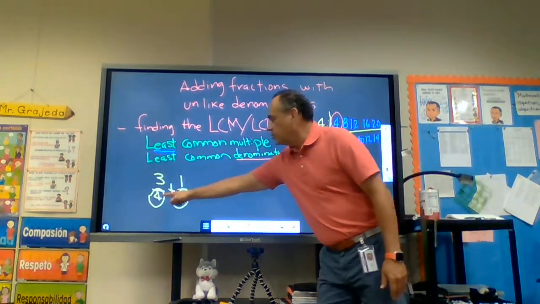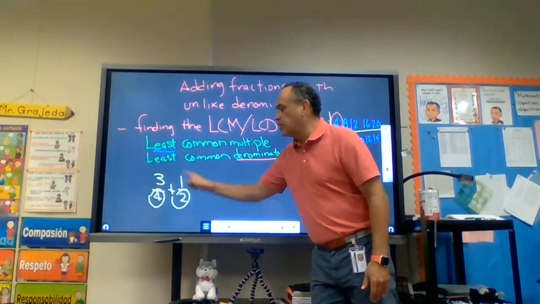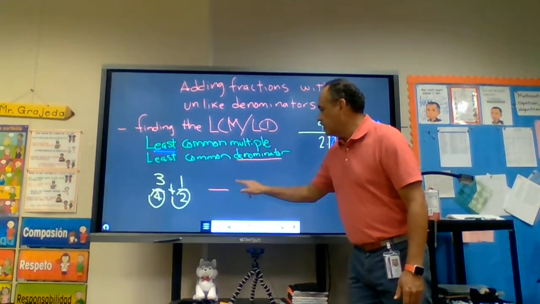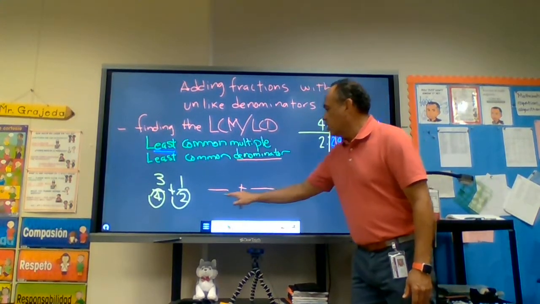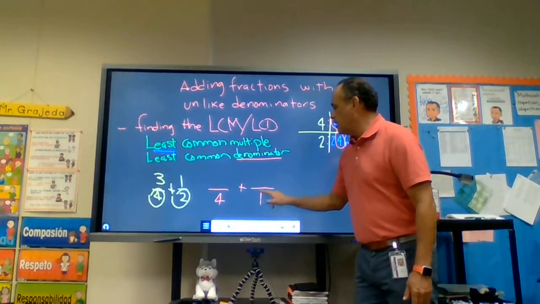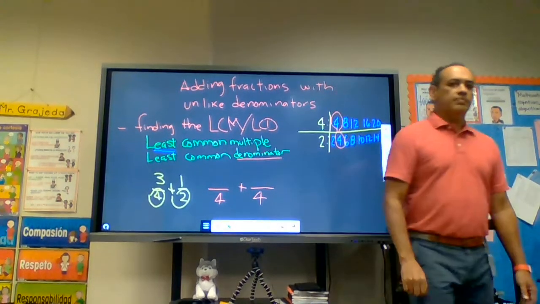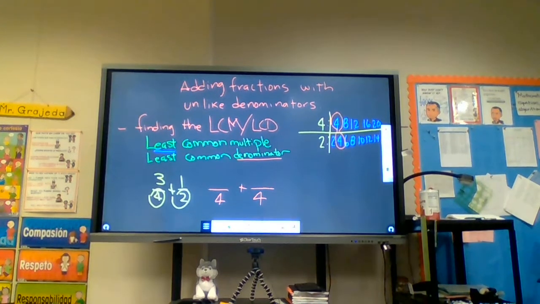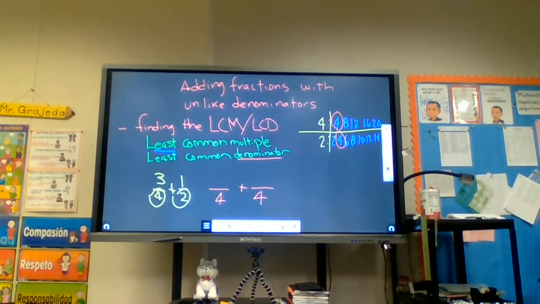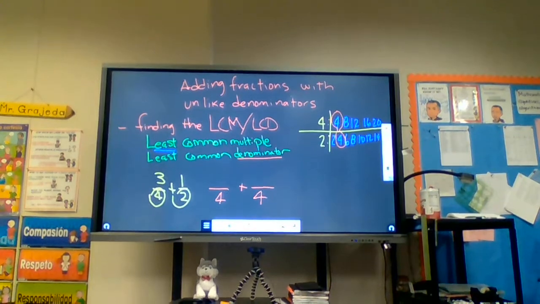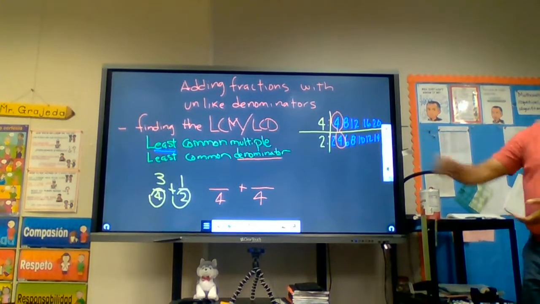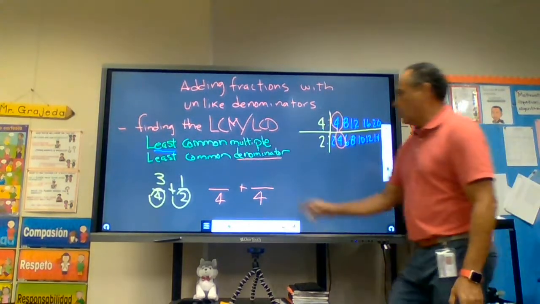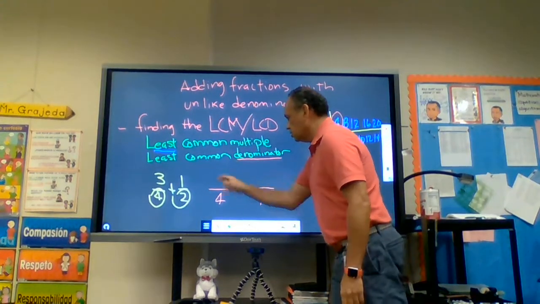So now, instead of having two fractions with different denominators, I'm going to have two fractions with the same denominator. You see that? My new denominator now is 4. Was it hard to find? No, it's easy. But what about our numerators?